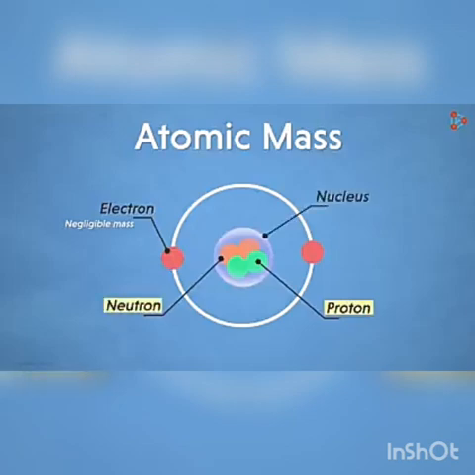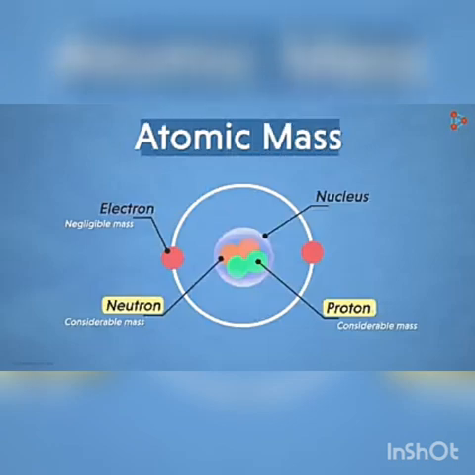And these two do have some amount of mass is what we know. Now tell me one thing, which among these two particles should be considered? Shall we consider only the mass of protons or only the neutrons? Or both together? Well, since both have a significant amount of mass, we will consider the mass of both together.